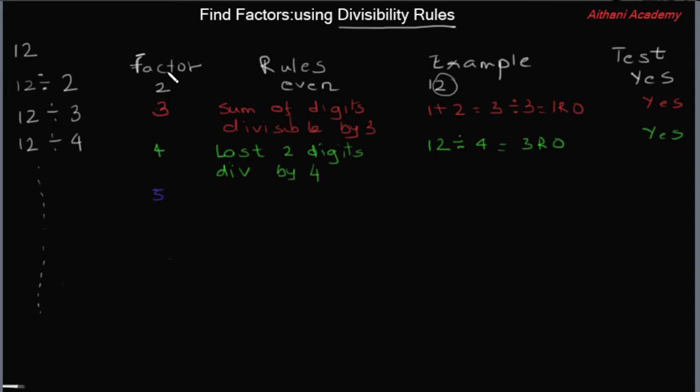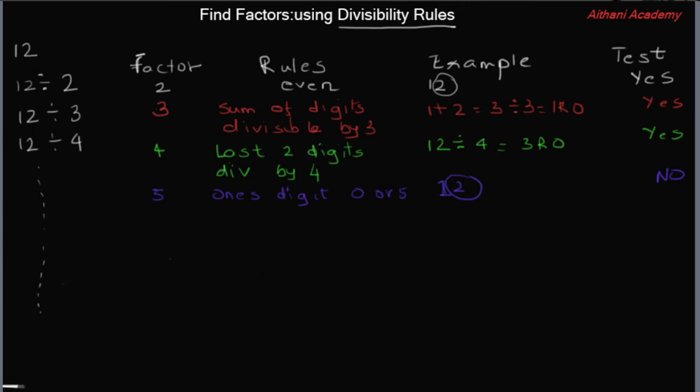Next number, 5. 5 is a factor of any given number if its ones digit is 0 or 5. In this case, my ones digit is 2. It is not 0 or 5. So it does not pass the test. 5 is not a factor of 12.